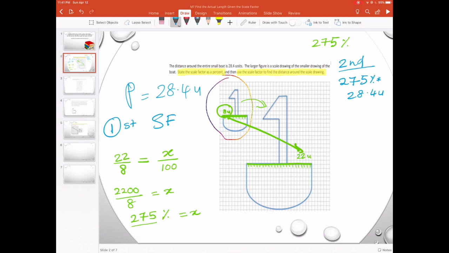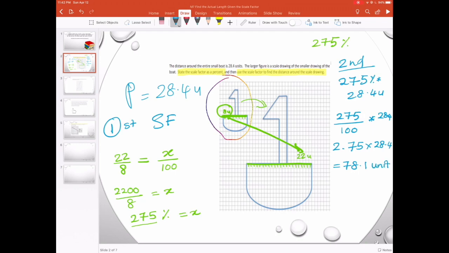I cannot multiply it just like that because it's a percent. So I have to convert this into a decimal. 275 over 100 is my percentage, times 28 and 4/10. Now I can simplify this fraction. 275 divided by 100 is equal to 2 and 75/100, times 28 and 4/10, is equal to 78 and 1/10 units.